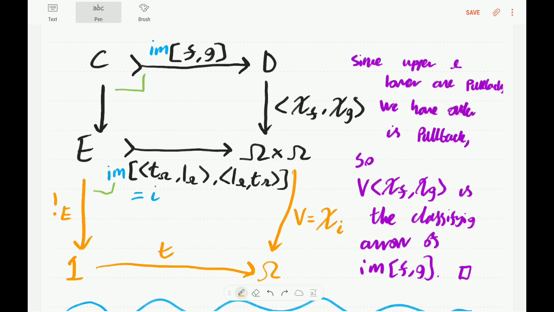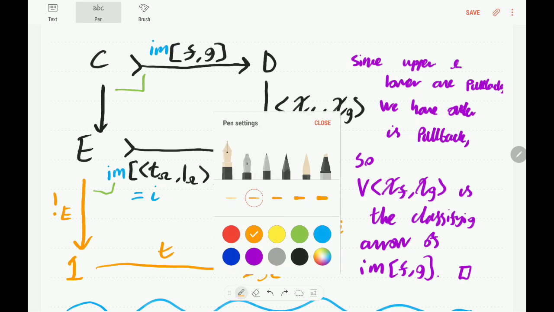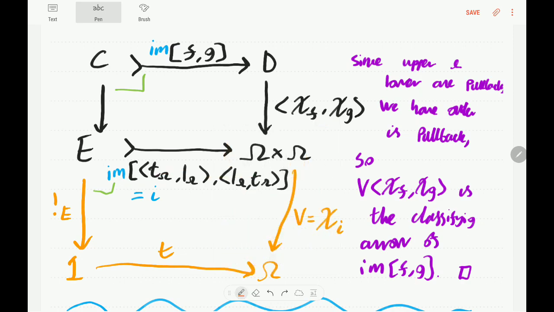Because the definition of the image of t omega comma 1 omega, 1 omega comma t omega: if we get the image of that, this is a monic, a subobject of omega times omega.